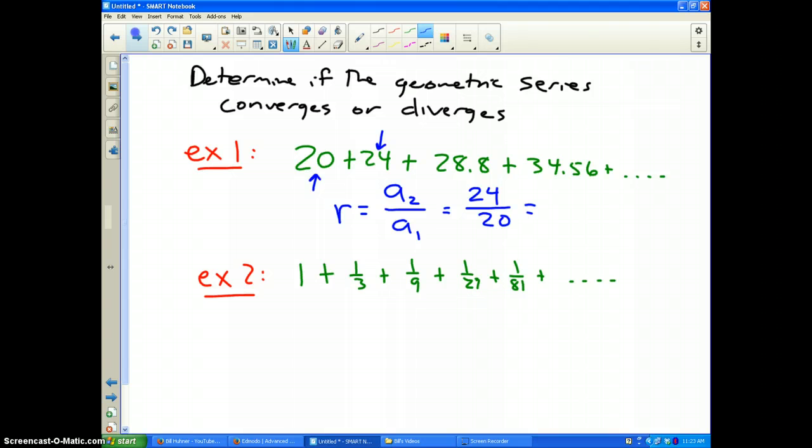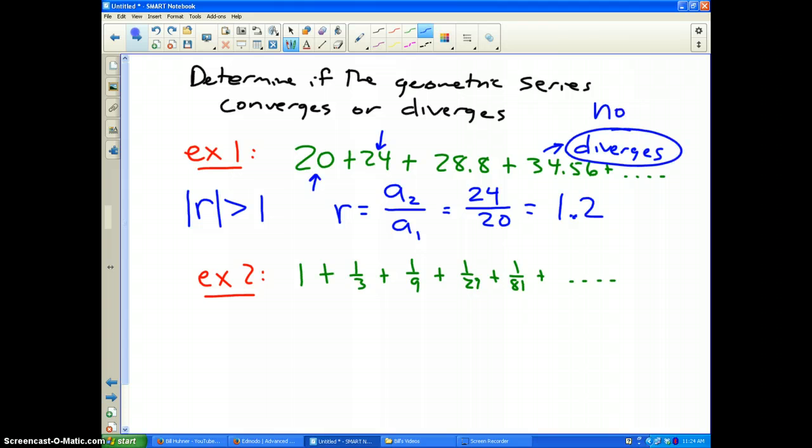If you divide those two, you get an r value of 1.2. Therefore, since the absolute value of r is greater than 1, this series diverges, and therefore it has no sum. You can't figure it out.